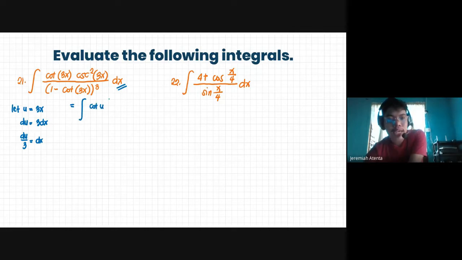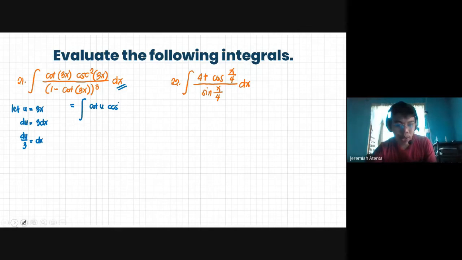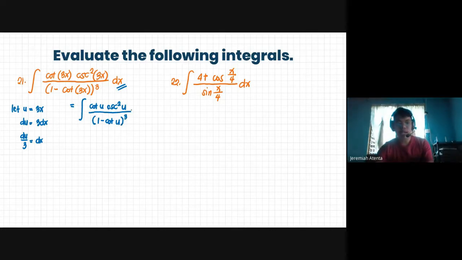cotangent of u. Ayan, kasi si 3x naging u. Okay, and we have cosecant squared. Okay, so we have cosecant squared u, ayan, all over 1 minus cotangent of u, the power of 3, okay?